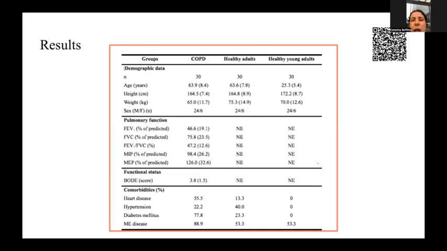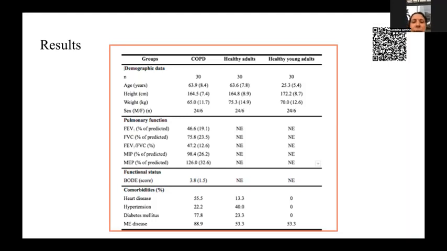Here we have a summary about the clinical data of our patients, and you see that COPD and healthy adults have no difference in age and features such as height and weight. And we have a young group with early age, and this is our importance.